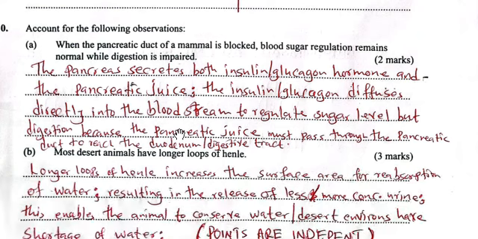That's why it is called a dual gland. And the insulin and glucagon, which are hormones, diffuse directly through the bloodstream to regulate sugar level. But digestion is impaired because the pancreatic juice must pass through the pancreatic duct to reach the duodenum or digestive tract.